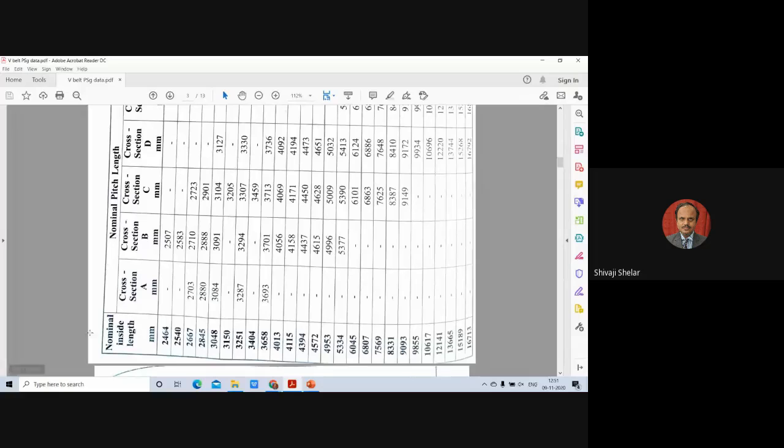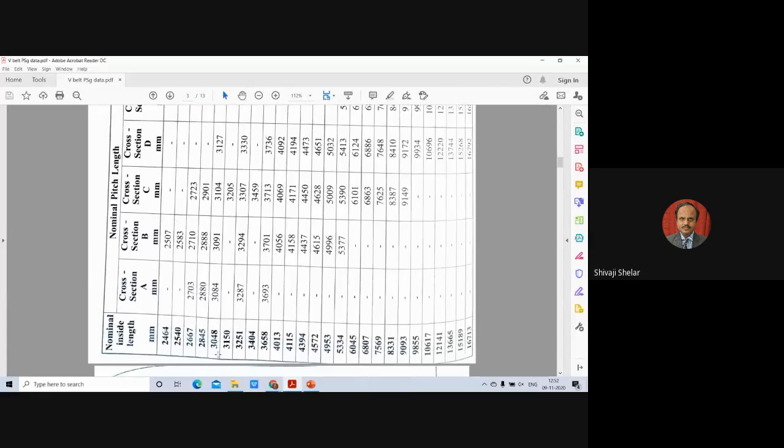For this belt, the nominal inside length: 3104 is your pitch length, and the inside length will be lesser than this value. The inside length is measured along the bottom surface of the belt, and that length is 3048. This nominal inside length of the belt becomes the designation of that belt.